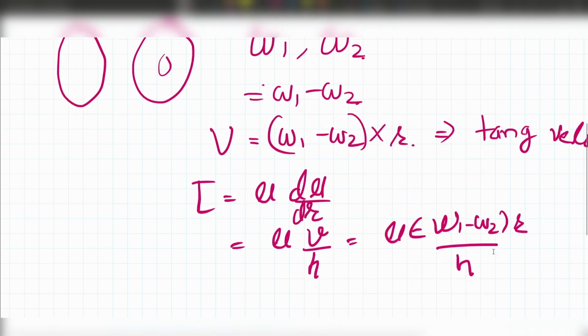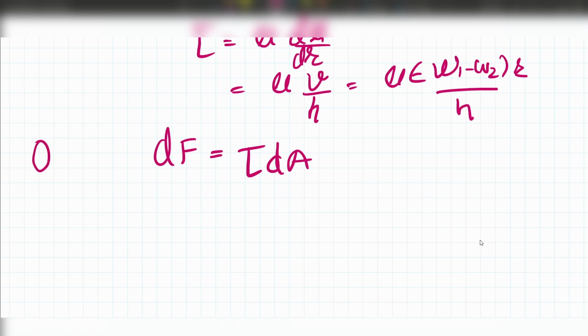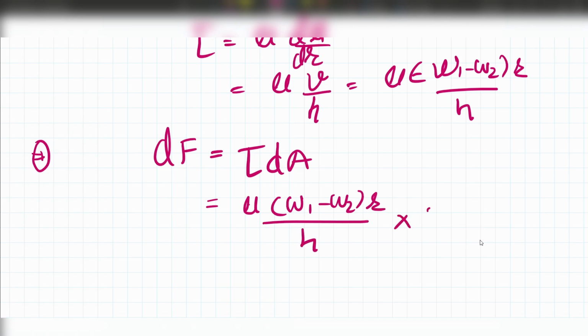So the shear force dF is equal to tau multiplied by dA, the force acting on this smaller rectangular face. Tau is equal to mu omega 1 minus omega 2 multiplied by r divided by h, and this area is equal to 2 pi r dr. This is dF.